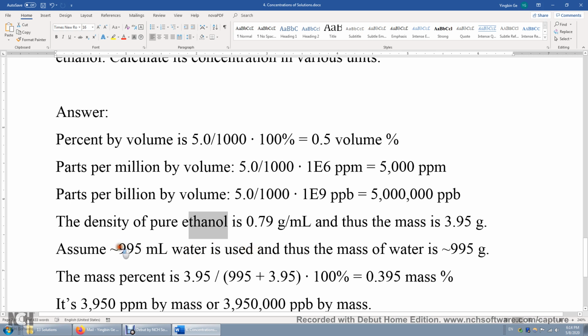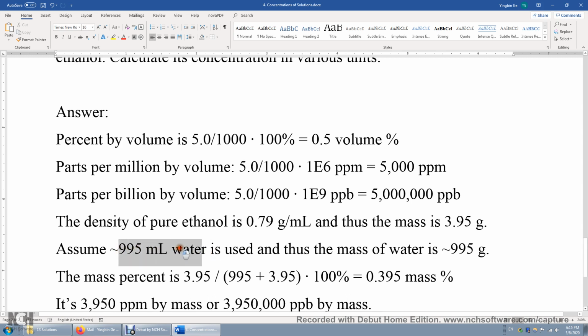It's probably slightly greater than this because when you mix water and ethanol, the total volume is slightly smaller than the sum of the volume of the water and the volume of ethanol. But I think this is a fairly good estimate, 995 milliliters of water plus 5 milliliters of ethanol.